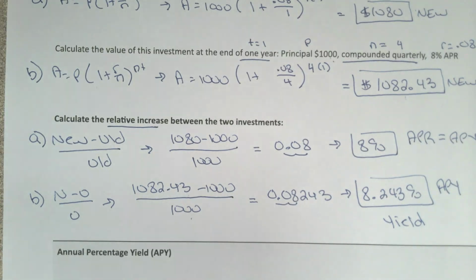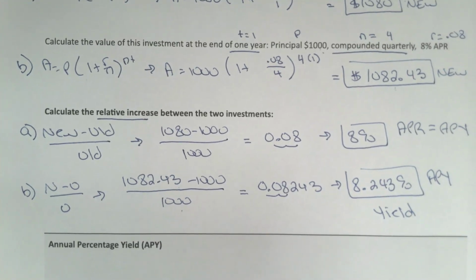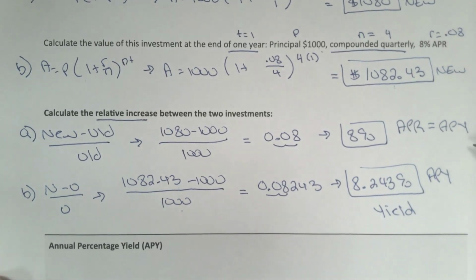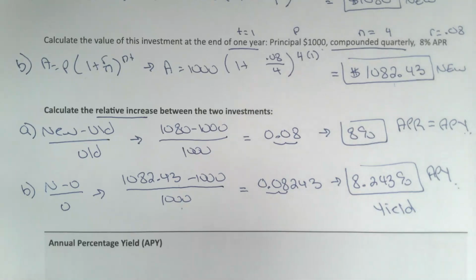So it does matter, and it does make a difference in your account how often it compounds. So when it only compounds once a year, your rate and your yield turn out to be exactly the same thing. However, when it gets to compound more often, then your yield is larger than your initial rate was.